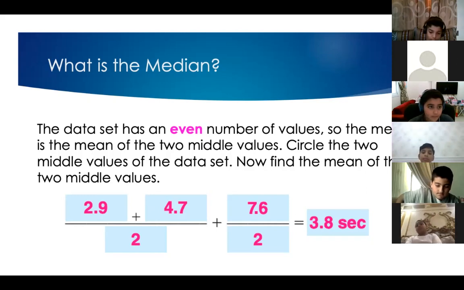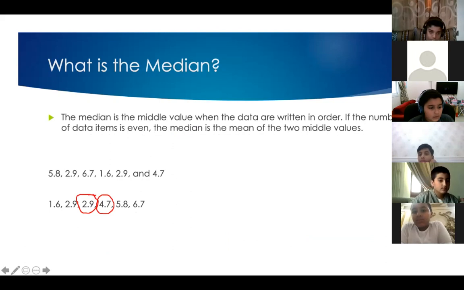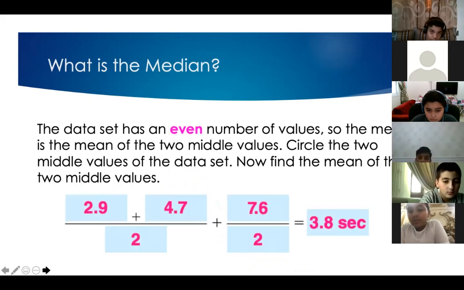Now, Abdullah, if I want to find the median, and I have just like this example here, an even number of data items, what do I do? I take the two middle values, right? And then I divide them by which number? 2. 2, bravo. Must always be by 2? Yes, because it's an even number, my dear.